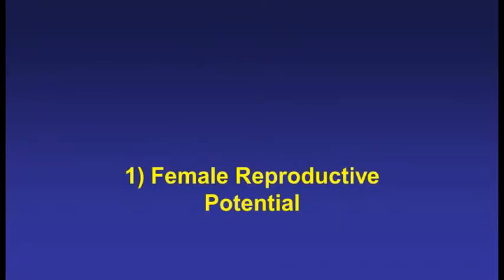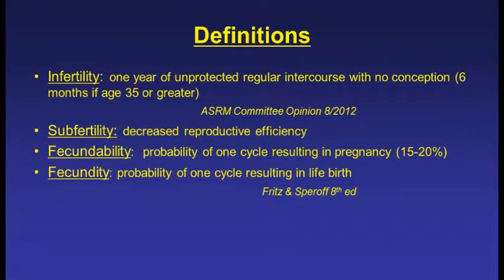It's always greatest to start with the definition, so what is infertility? The American Society for Reproductive Medicine defines infertility as 1 year of unprotected intercourse with no conception. However, in 2012-2013 there was a new caveat.